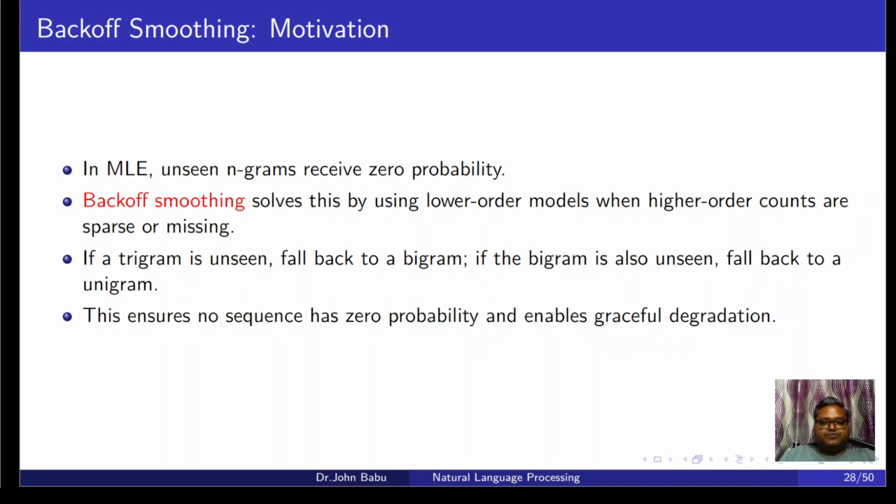One is the n-grams which are not present in the training data. Though they are not in the training data, we should not bluntly give zero probability, because there is a possibility of that n-gram existing in the language.